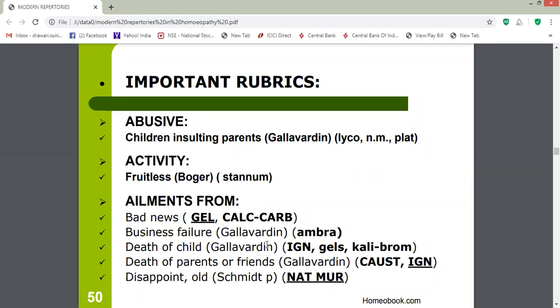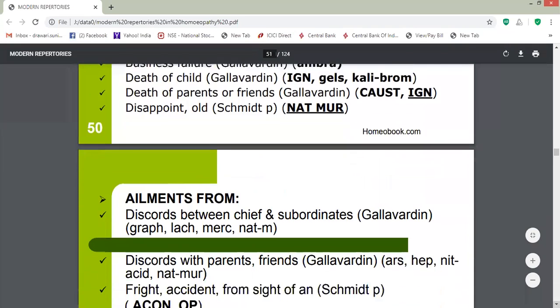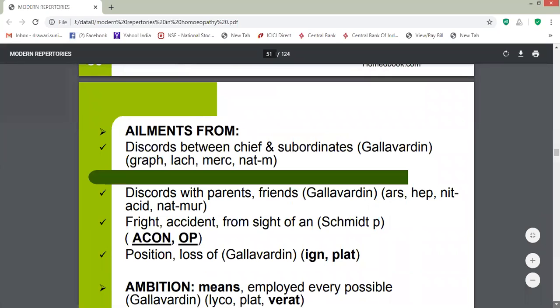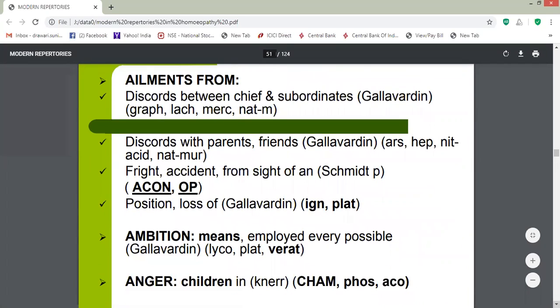Then disappointed love was taken from Smith's work, and in front of that natrum mur was given. So these are some important rubrics.